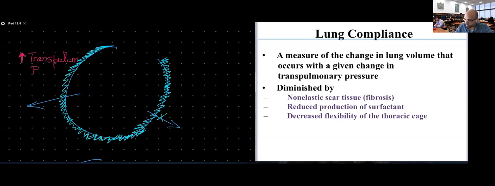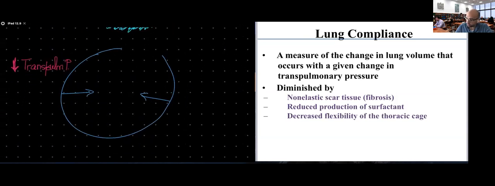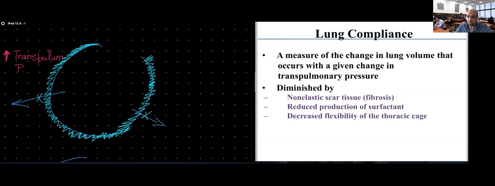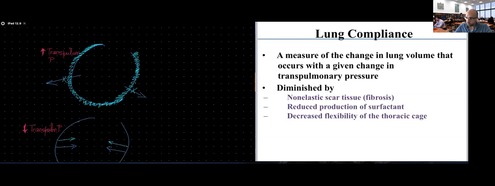They can't expand as they are supposed to, and they will collapse much faster than they are supposed to. So am I following the rules here? With an increase of 1 millimeter mercury in the transpulmonary pressure, I should be expanding the size, but I'm not.